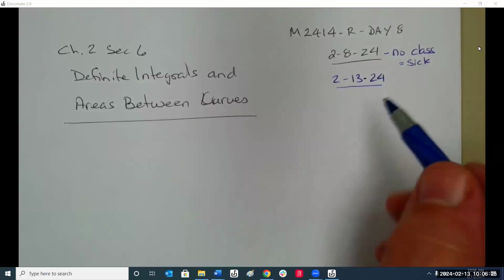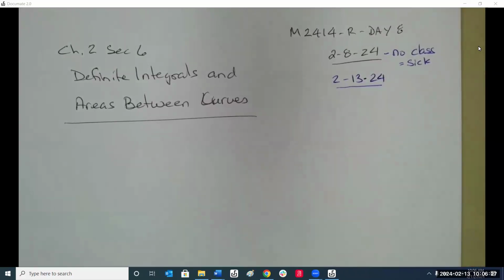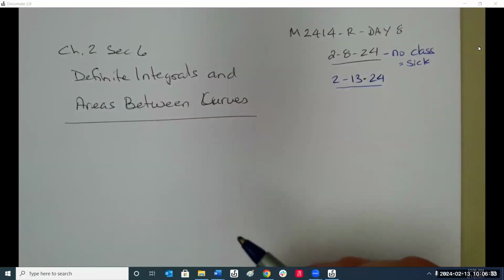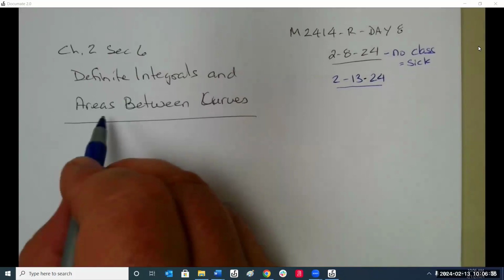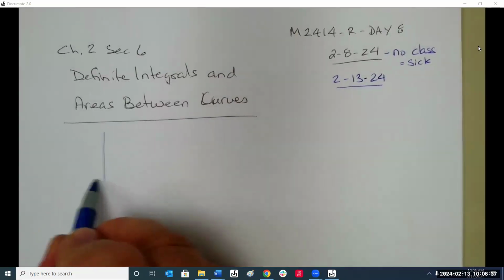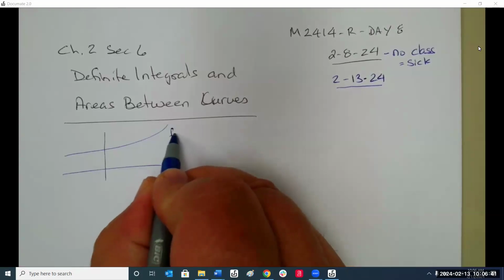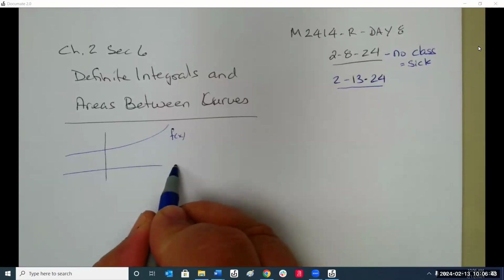So we're going to do 2.6. We didn't do that last time. Sorry about that. So here's 2.6, definite integrals and areas between curves. Up until now, we used integrals to find the area between some function and the x-axis.